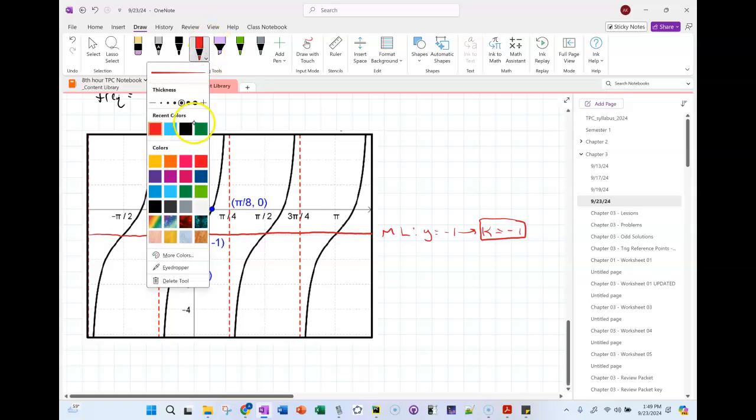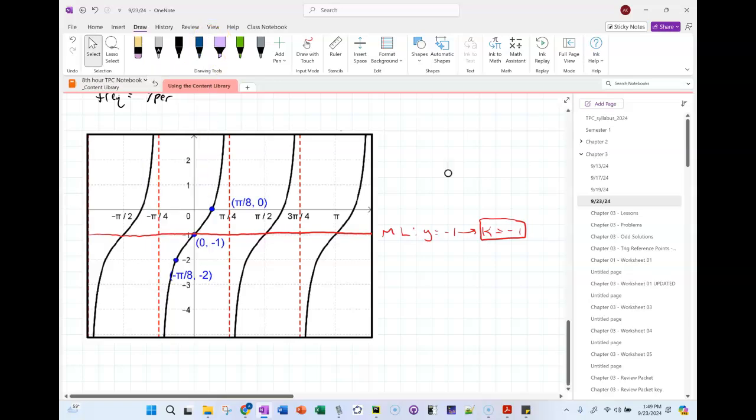All right, let's find our period next. What was the period again? Well, it's going to be the distance from what to what? Yeah, asymptote to asymptote. So we start at negative pi over 4 and end at positive pi over 4. So what's our period then?